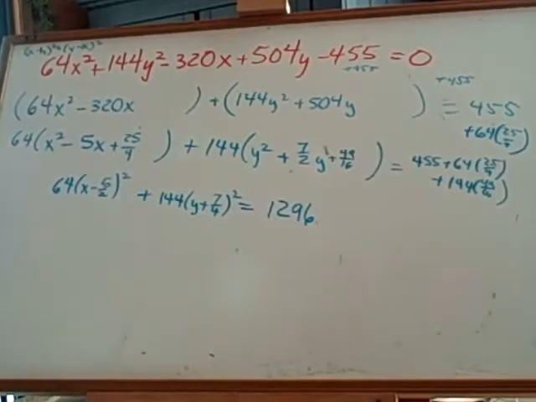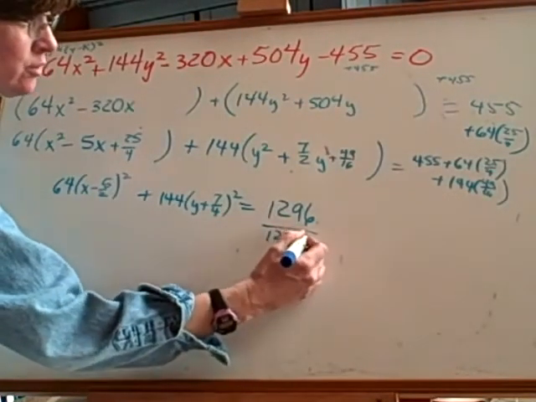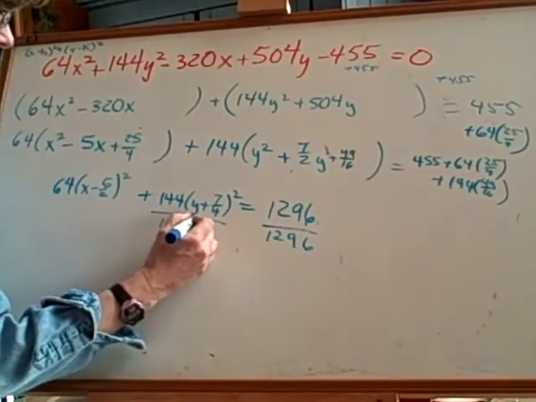No, we're not done. Now, here's what we have to do. We're going to have to divide this whole enchilada by 1296 because whenever you have these, they are equal to 1. All right, it's important they equal 1. So we're going to do 1296 into each of these.